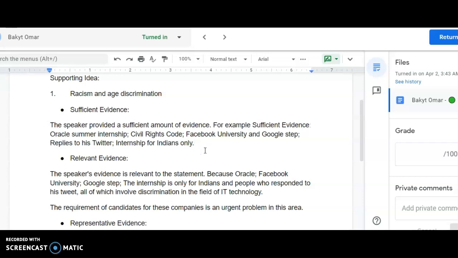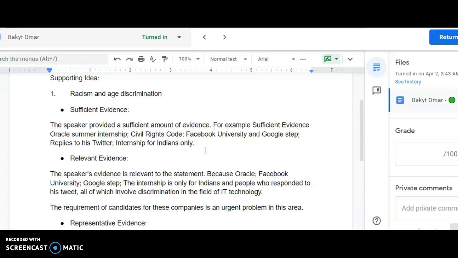Remember, he's saying there is systemic bias all across internship programs, all across American states, all over America. So that's a very general claim. And to prove such a general claim, you would generally need quite a lot of evidence. So you could choose to say that the evidence used here is not sufficient.